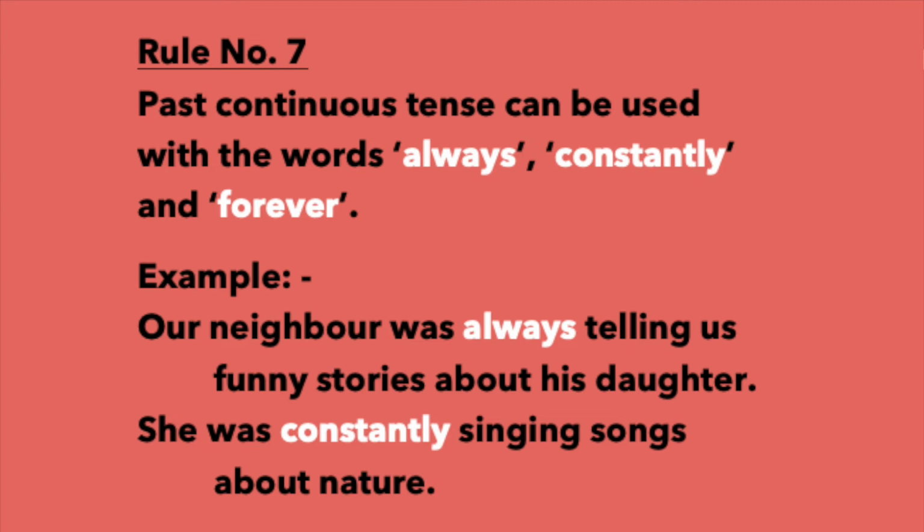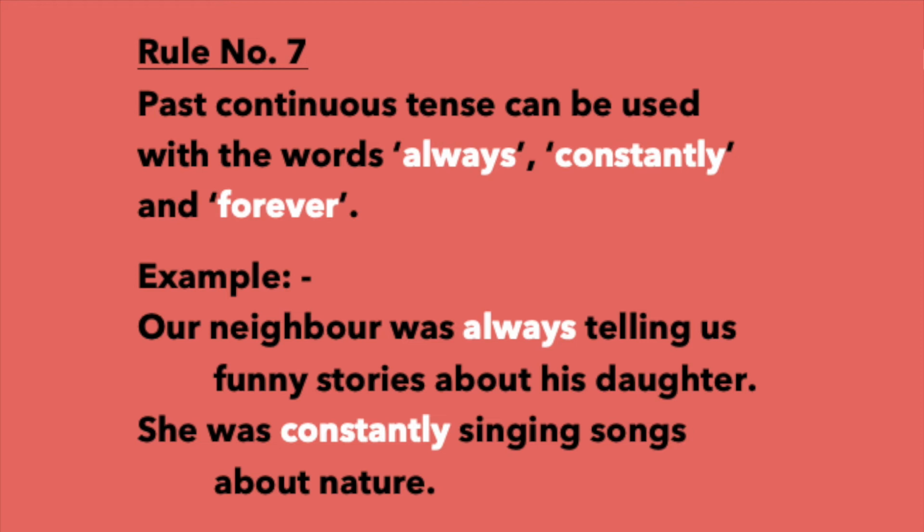So here we used always with the ing form of the verb, or past continuous tense, was always telling. Okay. So it is used to talk about things that happen repeatedly. That's why we used always here. But this action occurred in the past. This action is not happening now. And it was a temporary habit. Then see another example.